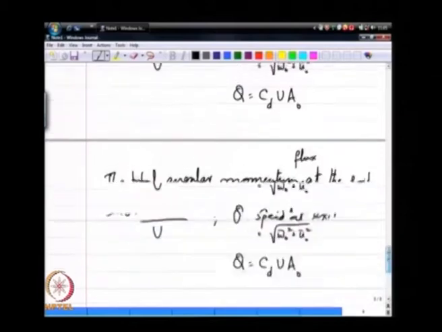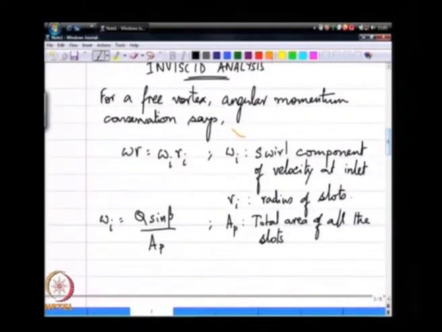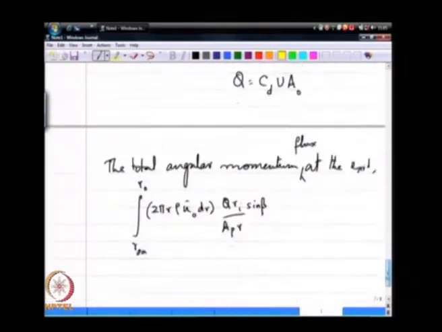Remember, our very first expression said at any point I have this W at any point inside the flow, inside the swirl chamber, times the radial location of that point is equal to W I R I, and W I is given by q sin beta divided by A p. A p is the total area of all the slots, as a reminder.